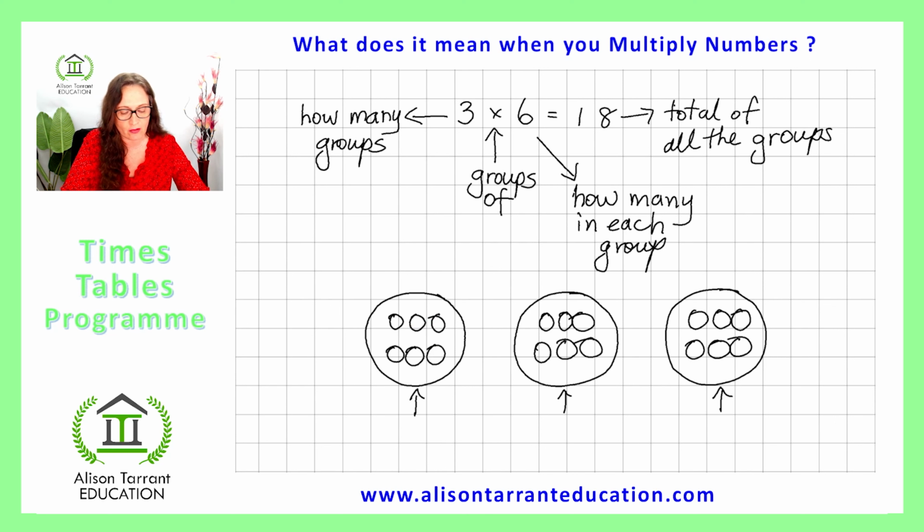So this is how you've got 3 groups of 6. You have 1 group of 6, 2 groups of 6, and 3 groups of 6. And obviously, if you add all of these up, you're going to get 3 groups of 6, which is 18. So now we'll do some word problems to go with that.